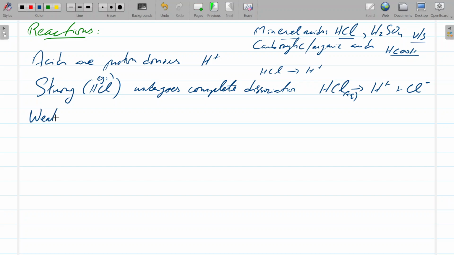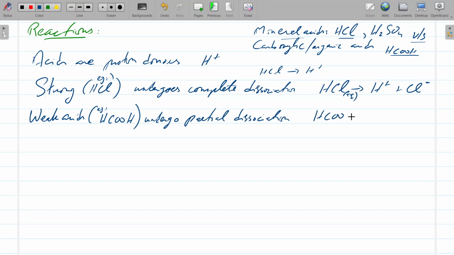Weak acids such as methanoic acid undergo partial dissociation. That means that not all the methanoic acid molecules are going to give up their protons.